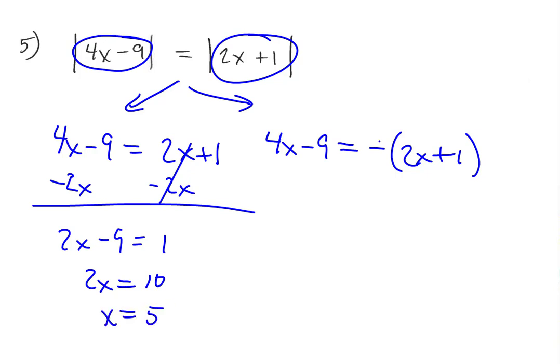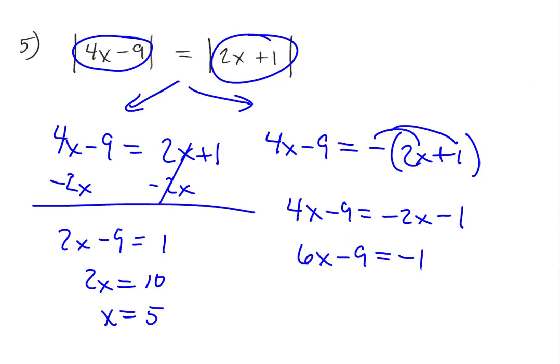On the other side, we would now have to distribute this negative sign, as I mentioned before. So we have 4x minus 9 equals negative 2x minus 1. Then we solve like usual. We could add 2x to both sides and get 6x minus 9 equals negative 1. And then add 9 to both sides to get 6x equals a positive 8.